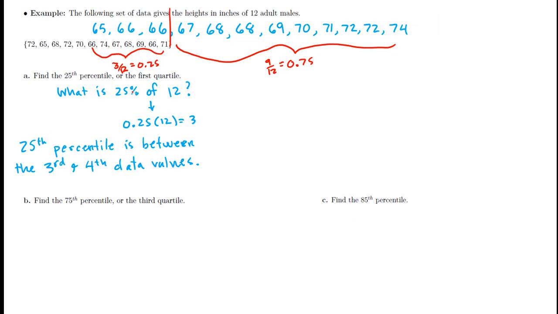So same thing here: when you make this calculation and you get a whole number, then you average that value in the data set with the next one. So for us, that would be 66 plus 67 over 2, which gives us 66 and a half.